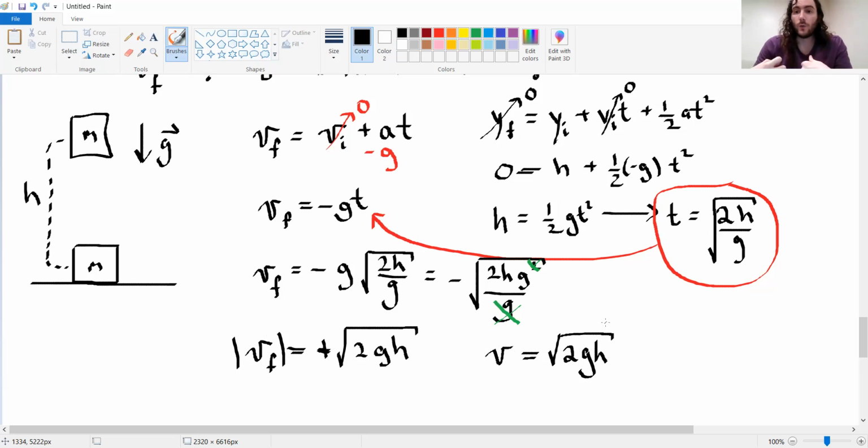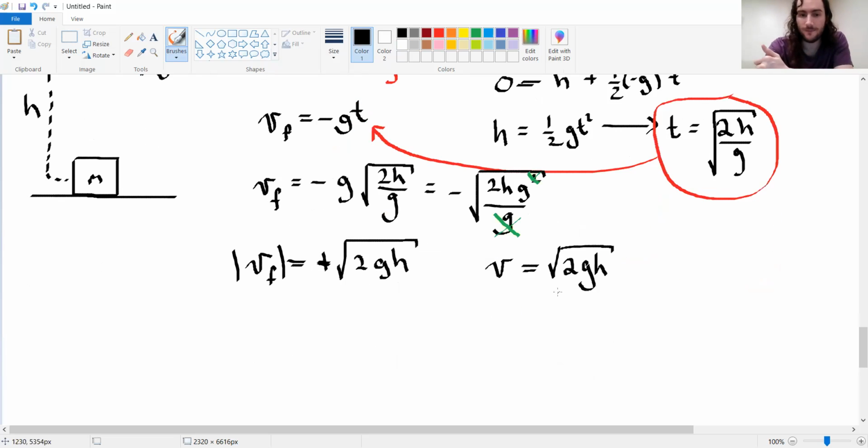We lifted an object. We did work to lift it up a distance h above the surface. Then we let that object fall under the influence of gravity, and we calculated a speed for that object. Now that we have the speed, we can calculate its kinetic energy.